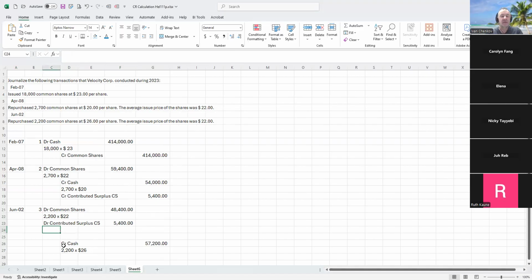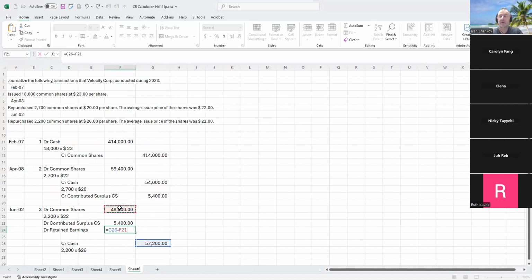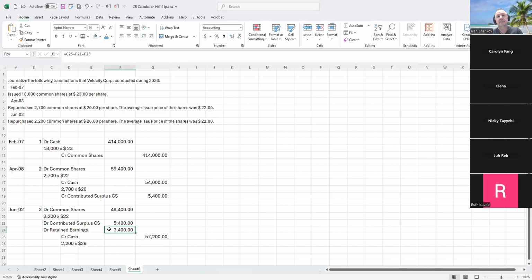So we have to balance it with the retained earnings. And how much will that be? That will be this amount minus this amount minus that amount. And now we're in balance, right? Yeah. Okay, excellent. Let's go another one.